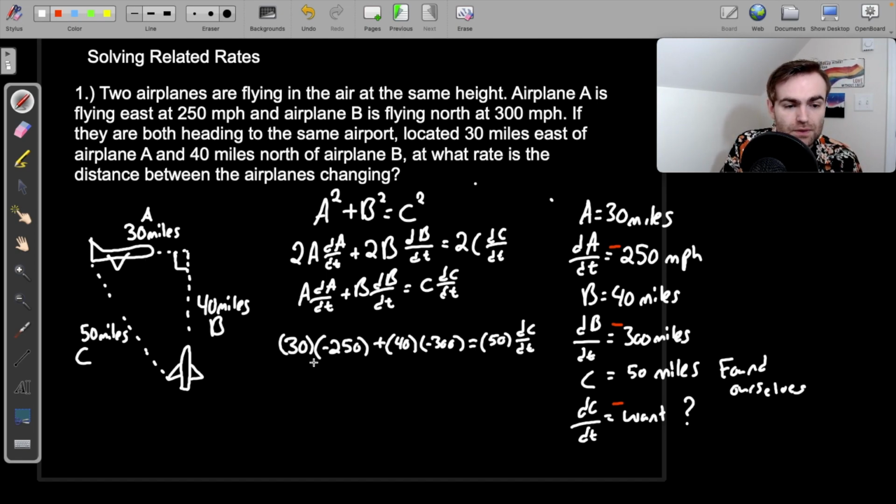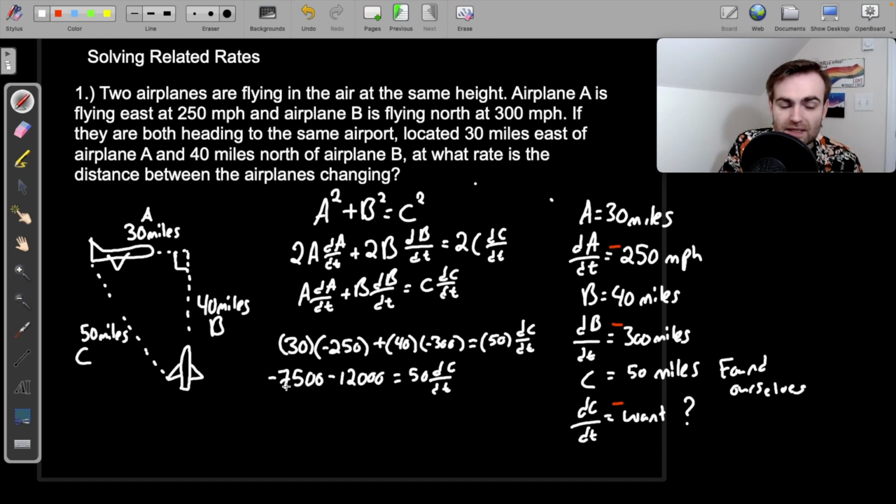So 30 times 250, well, 3 times 25 is 75, and then we have 2 zeros, that is negative, and then we have 40 times 300, 4 times 3 is 12, and that would have 1, 2, 3 zeros, negative, equals 50 dC dt.